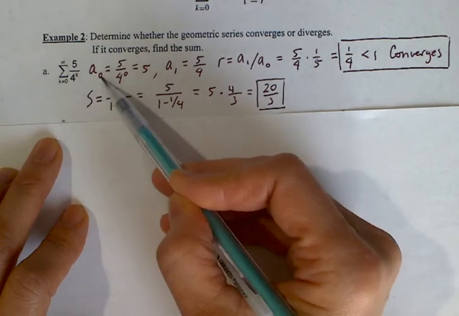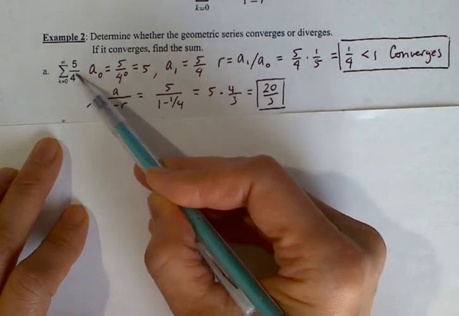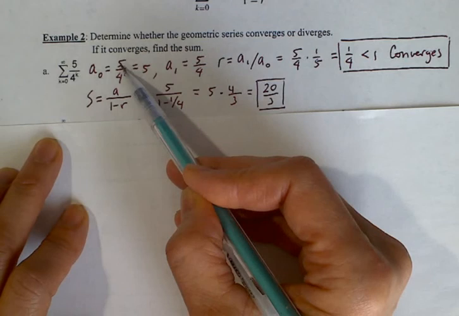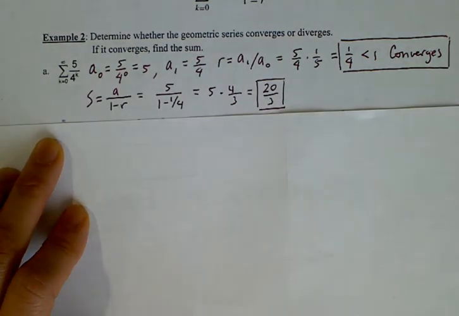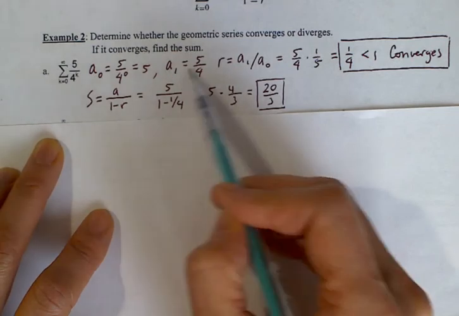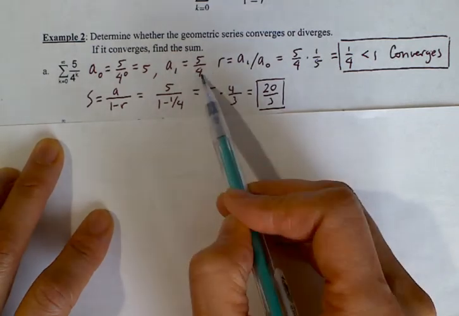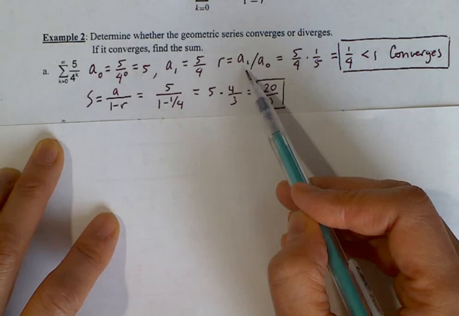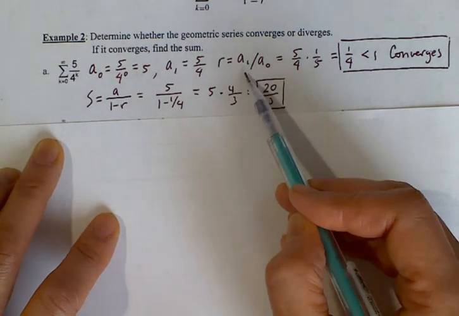Let's look at this part right here. Since it's starting at 0, a sub 0 is the first term. I'm just going to put in 0 for k, so I get 5 over 4 to the 0. And then my second term, which is a sub 1, is equal to 5 over 4.